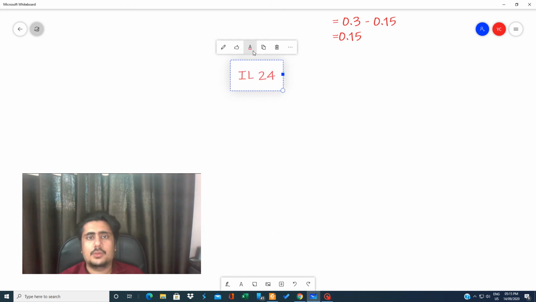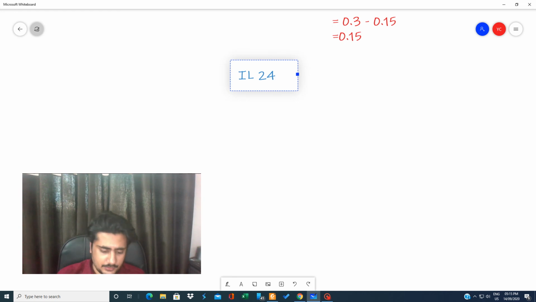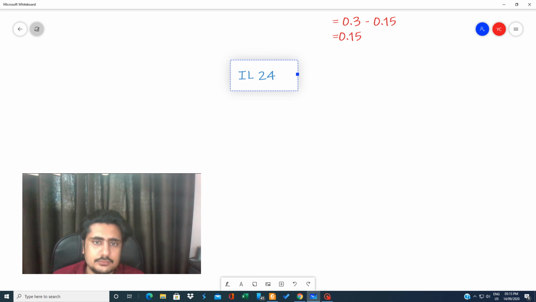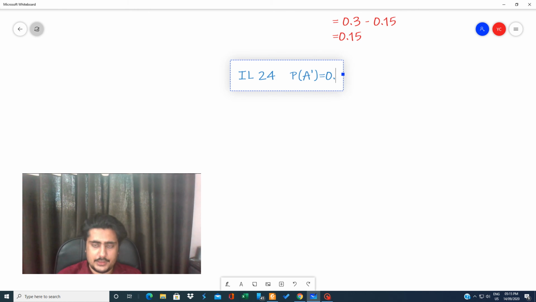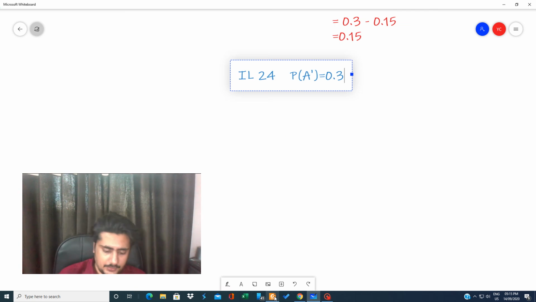Now, what is illustration number 24? P of A dash is 0.3. Then P of B is 0.6.